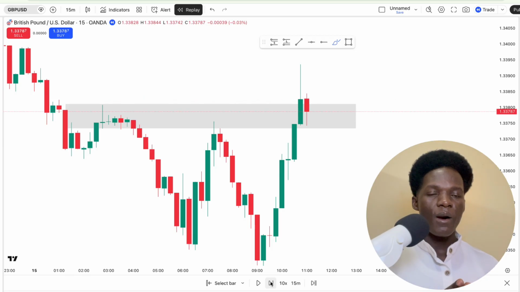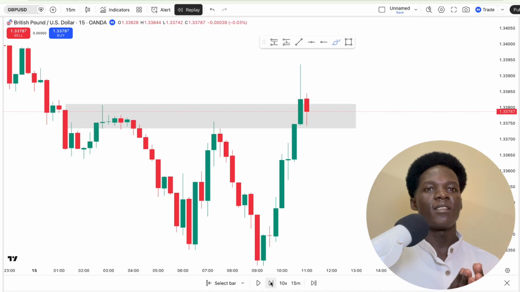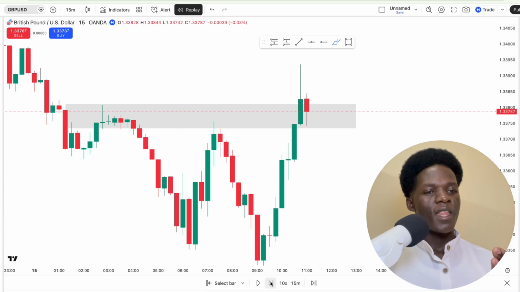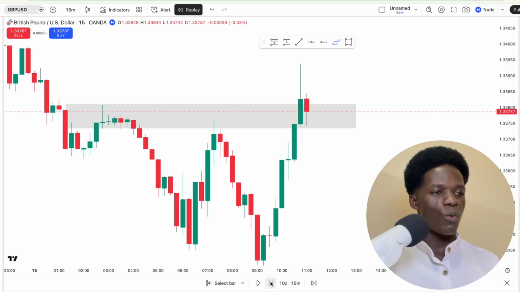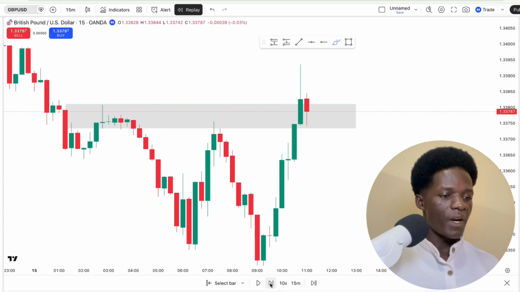Don't enter without confirmation. I beg you, don't enter the trade without confirmation. Because remember, a small or low risk to reward ratio trade is always better than a loss.